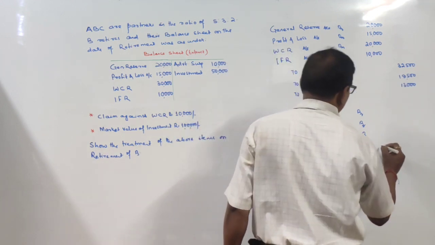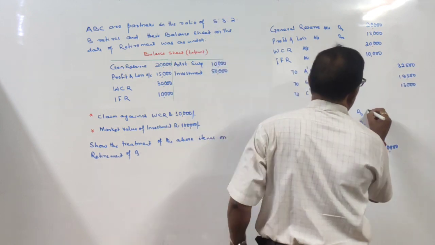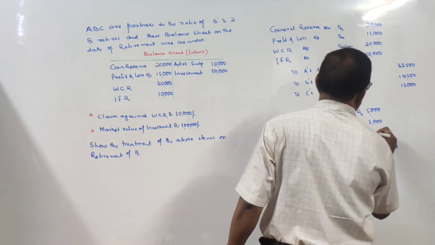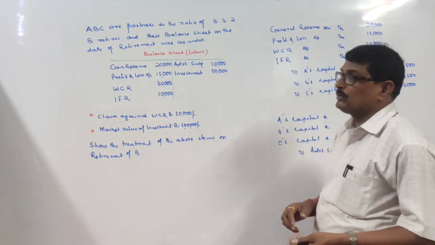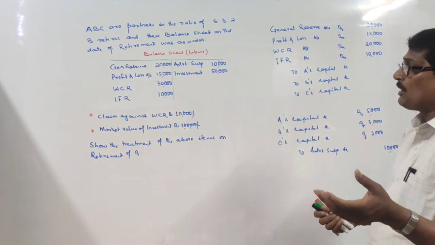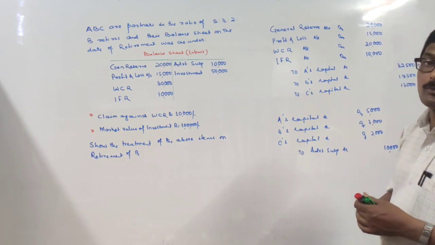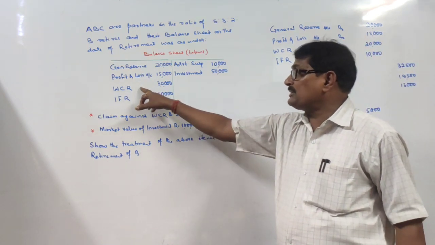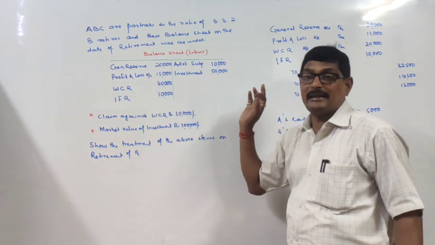Right? So that 10,000 rupees will be distributed among the old partners in the old ratio, that is 5,000, 3,000 and 2,000 respectively. So thereafter, if you prepare the balance sheet, the advertisement suspense will not be there. General reserve, profit and loss, workman compensation reserve and investment fluctuation reserve will not be there. And instead of workman compensation reserve, there will be workman compensation claim, that is for 10,000.